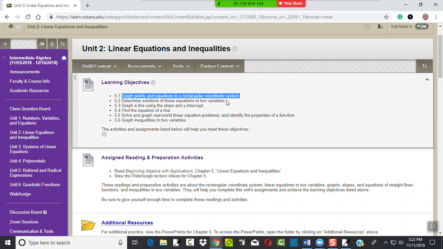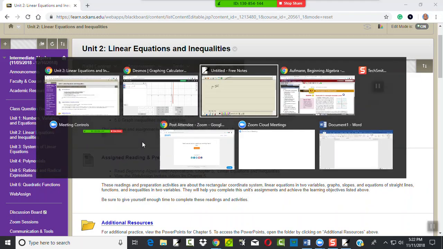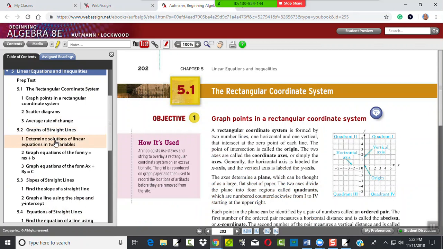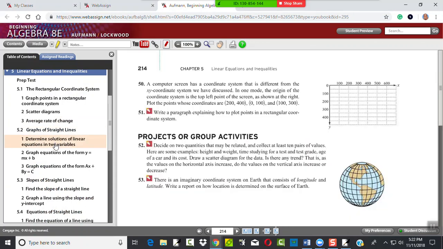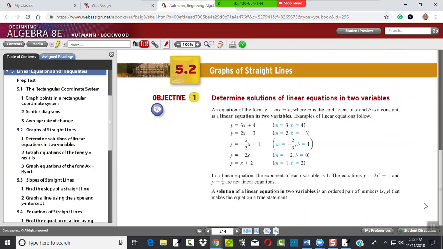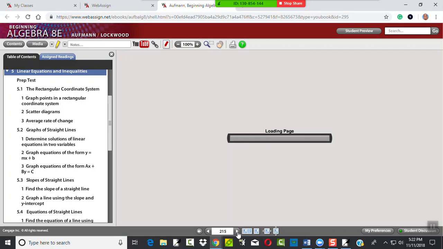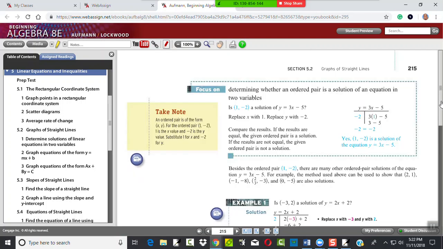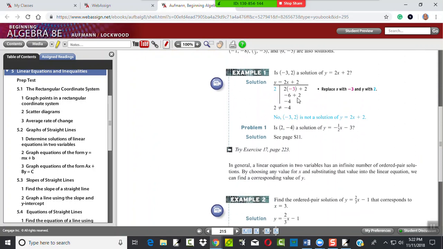Okay, let's go on to determine solutions of linear equations in 2 variables. Now, when they say solutions of linear equations in 2 variables, what they're referring to, let me go to the next page, is they'll ask if a given ordered pair, a given point, is a solution of this equation.